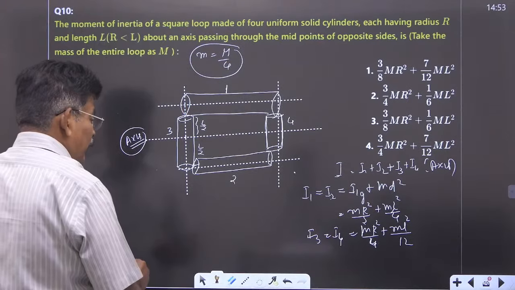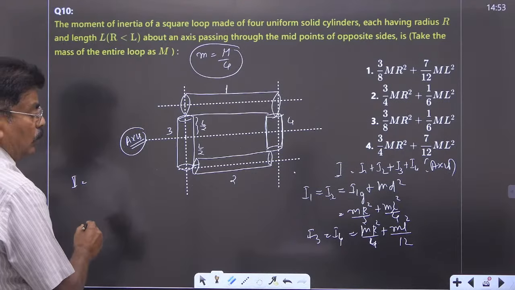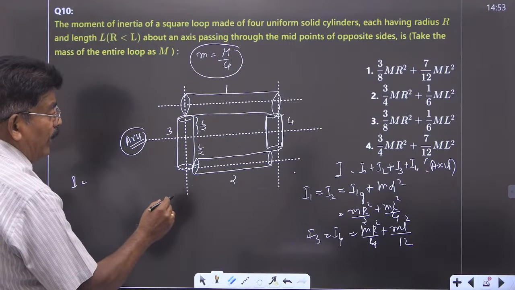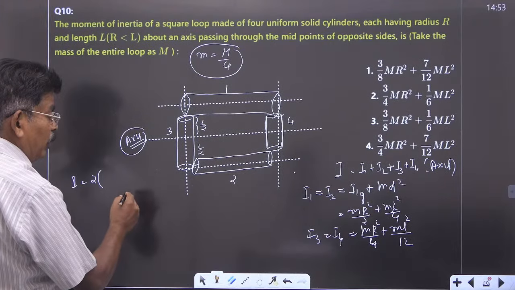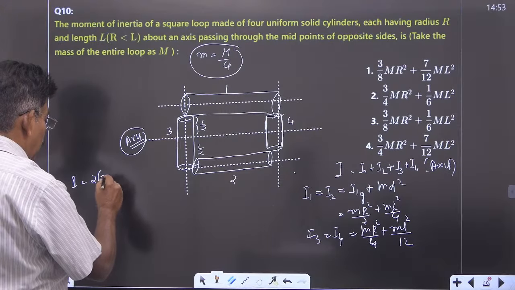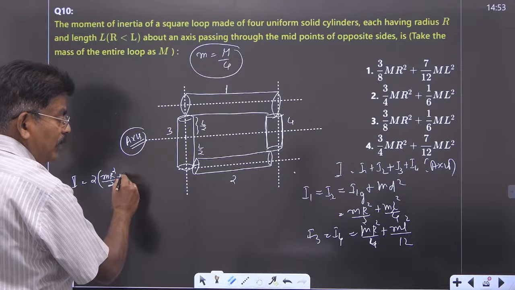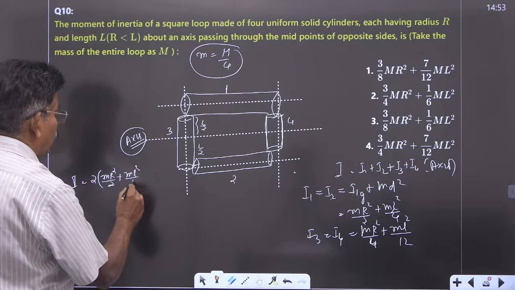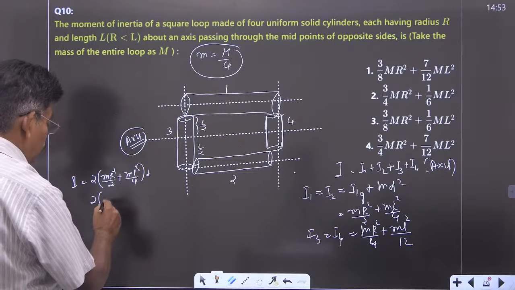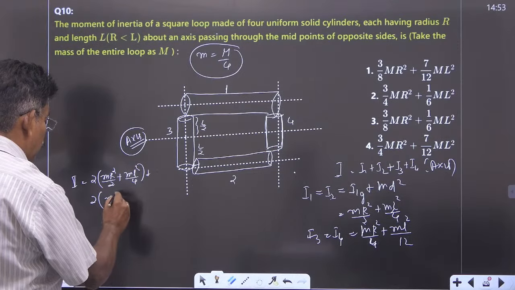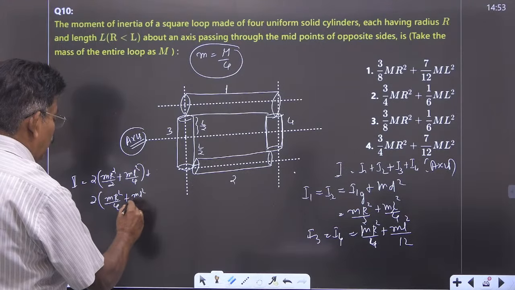Therefore, the total moment of inertia will be, once again, I1 plus I2 plus I3 plus I4. I1 and I2 are equal, so 2 into M R squared by 2 plus M L squared by 4, plus 2 into M R squared by 4 plus M L squared by 12.